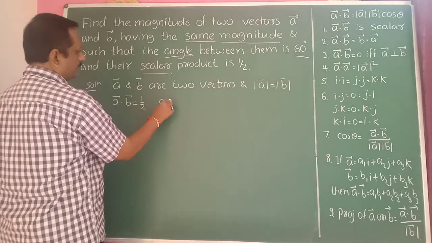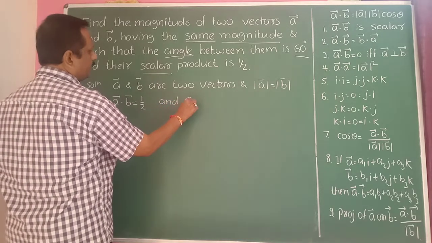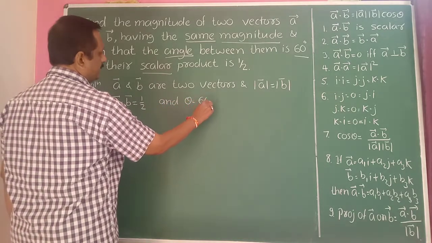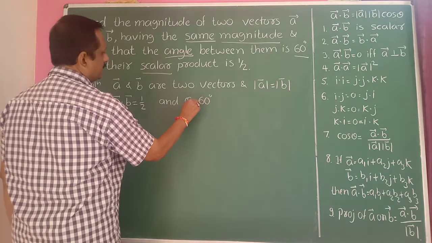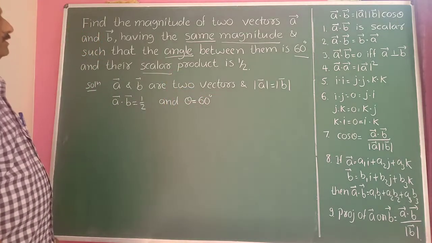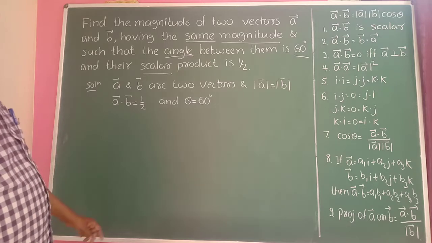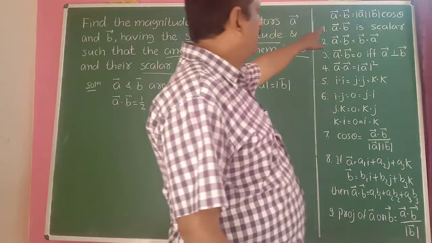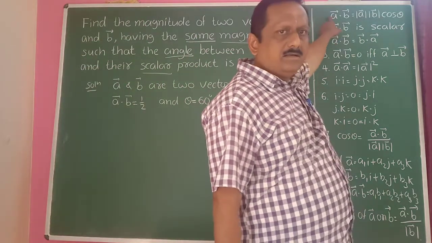And the angle between the two vectors is 60 degrees, theta is 60 degrees. Then find the two vectors. So use the definition of scalar product.